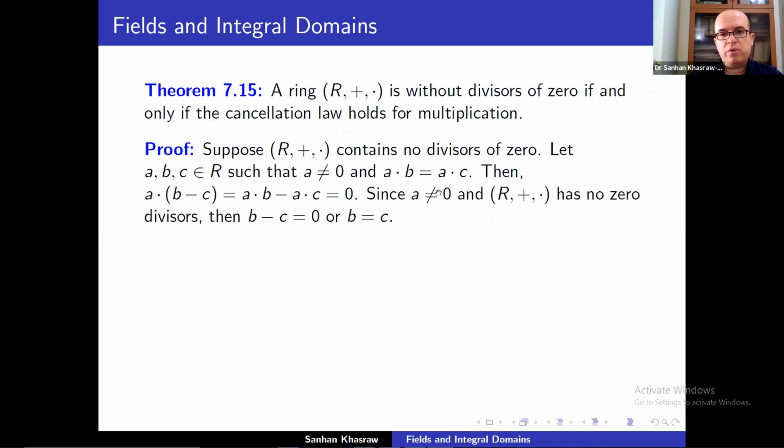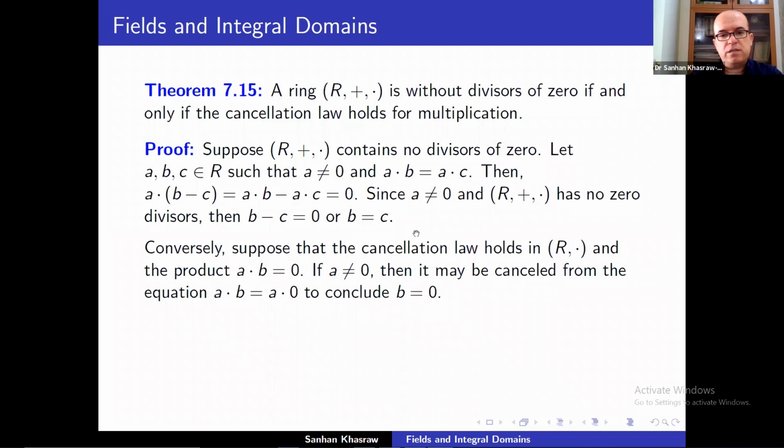As we have above AB equals AC, this part equals 0. Since A is not 0 and R has no divisors of 0, then B minus C must equal 0, so B equals C. So the cancellation law holds. We started with AB equals AC, then we ended up with B equals C.